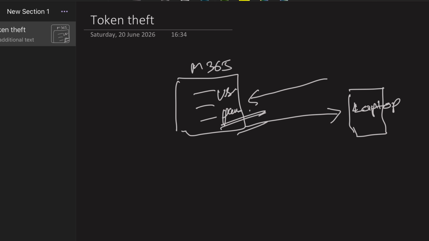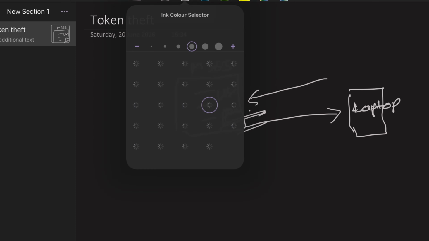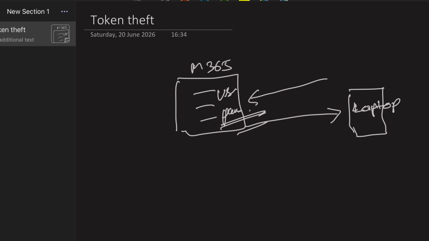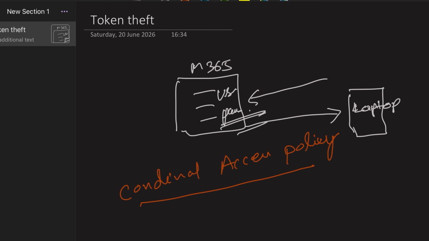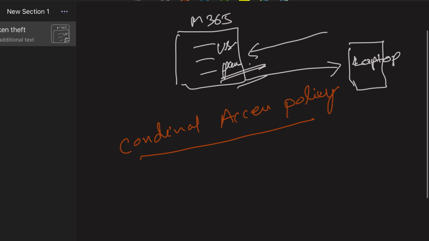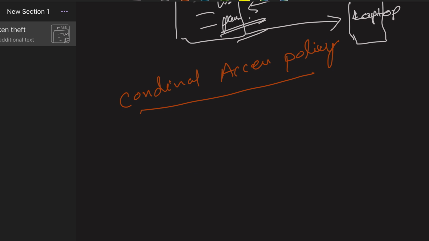How do you do this? As I said, you can use conditional access policy. There are many conditional access policies which you can use, and we will discuss one by one which conditional access policies there are and how you can use them.